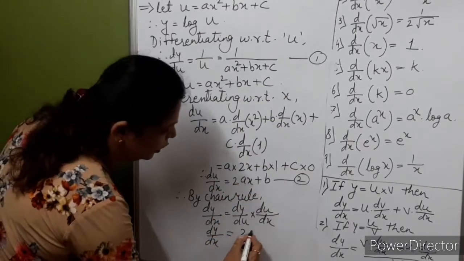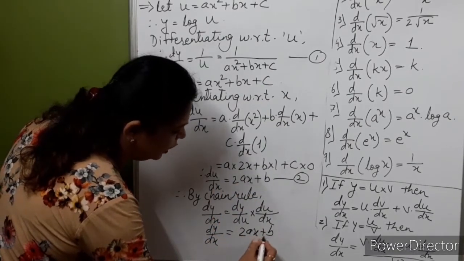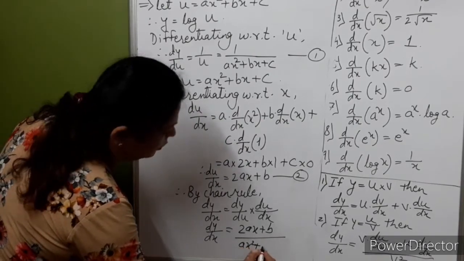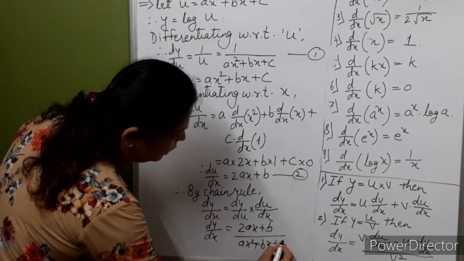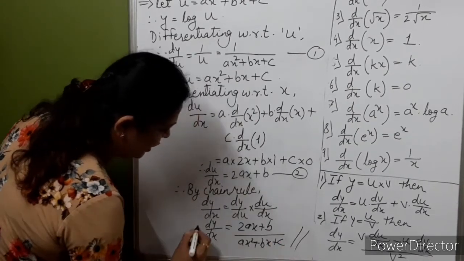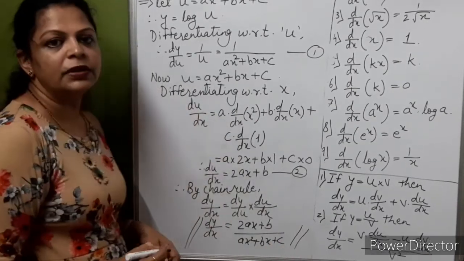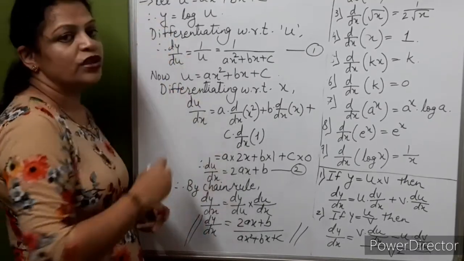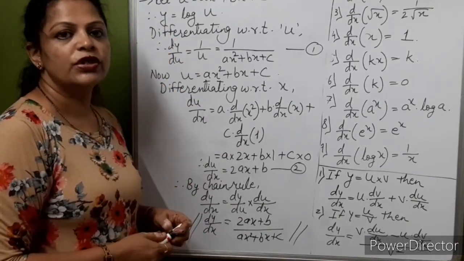So you will get 2ax plus b upon ax square plus bx plus c. This is your final answer. Very simple sums. Right? So that completes your question number 2. Now let's move to question number 3.